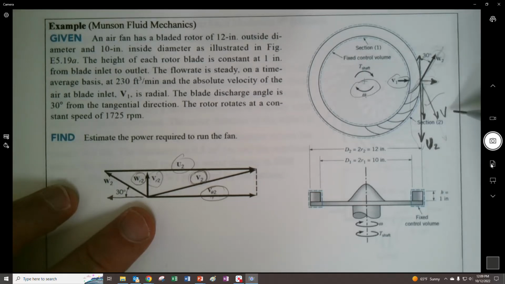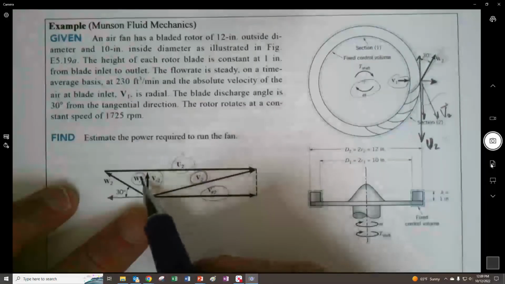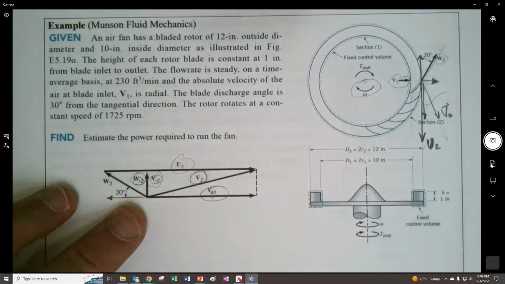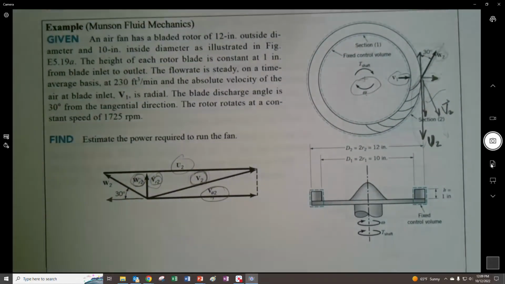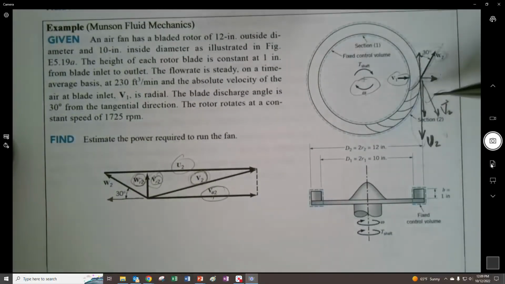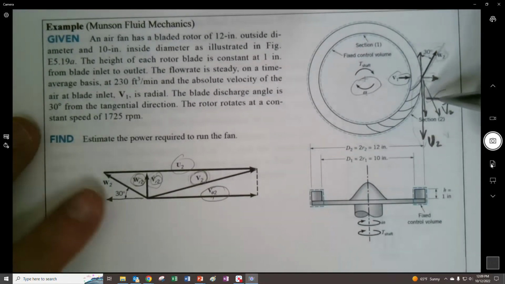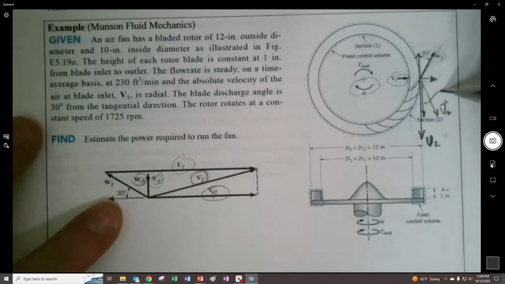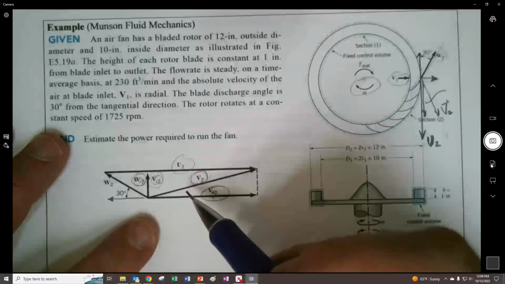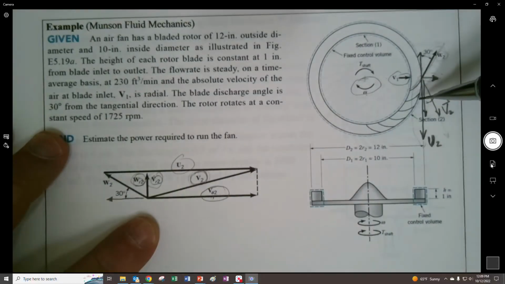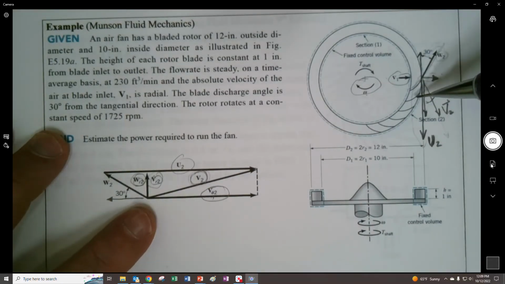Right here is going to be the total V2 coming out, and you can see it's the same component here in the radial direction. Hopefully that gave you an idea of what the velocity triangle is about. But they're not the same, by the way, for a fan versus a turbine.